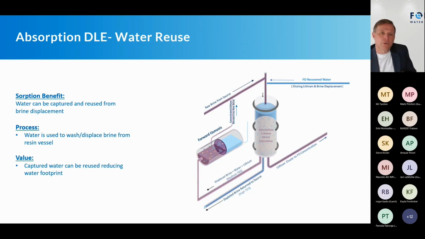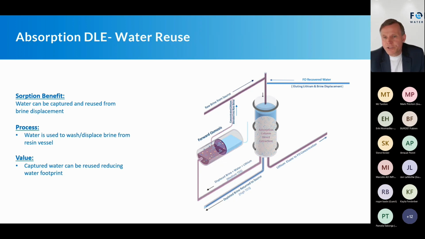So, just a quick thing on the absorption materials. As I said, higher temps, and one of the advantages is that you can use water to elute the lithium off. One of the key things, particularly in South America or water stressed areas, is that there's a displacement cycle. What I mean by that is that you load the brine into the columns of the reaction vessel, or the loading vessel, I should say.